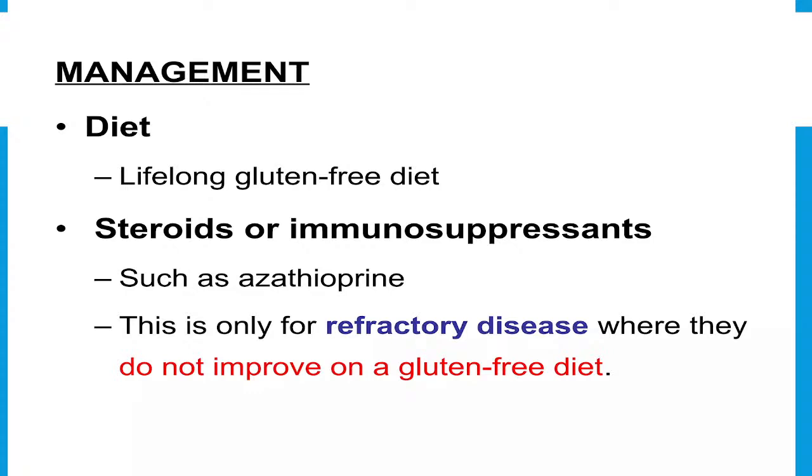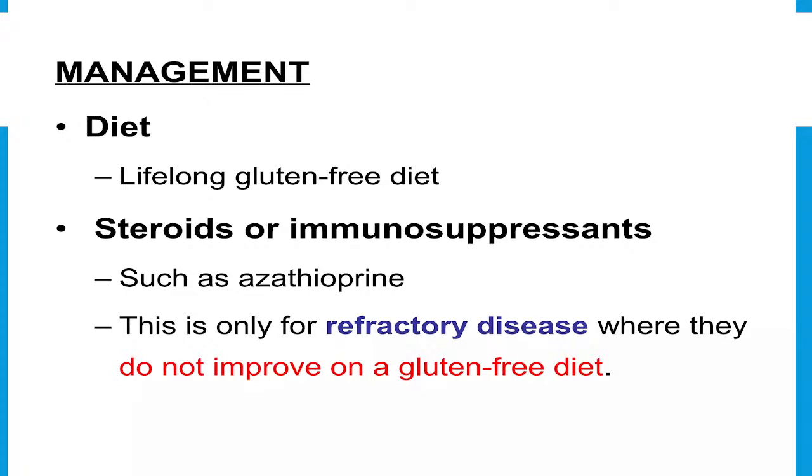Now management. Diet. The patient has to be kept on a lifelong gluten-free diet. The primary part of the management of celiac disease is a gluten-free diet for whole life. You need to send the patient to a dietitian who will advise him with diet charts what foods he needs to avoid throughout his life so that he doesn't have a problem.